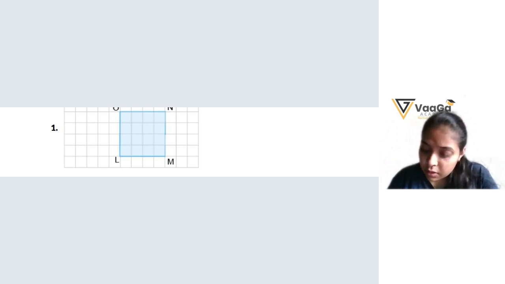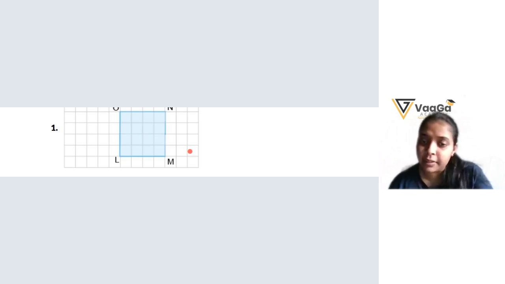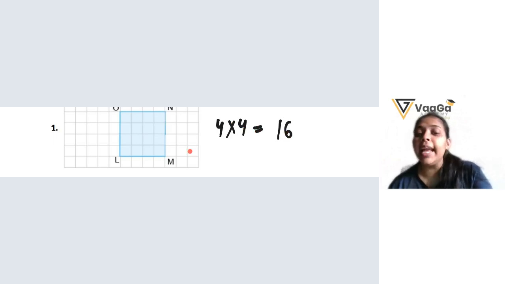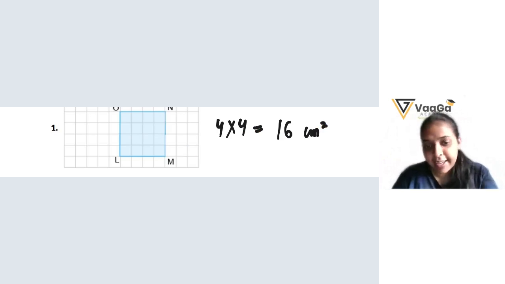I multiply 4 square centimeter by 4. So 4 times 4 is 8. Think again. 16. So the area will be 16 centimeter square. Okay?